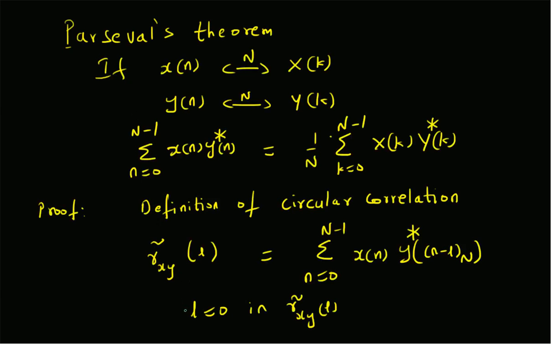So upon substitution of L equal to 0 in the definition of circular correlation, we get the following equation, that is R_xy tilde of 0, the value of the circular correlation at L equal to 0, that is zero lag, as summation n equal to 0 to N minus 1 x[n] and then y[n] conjugate.